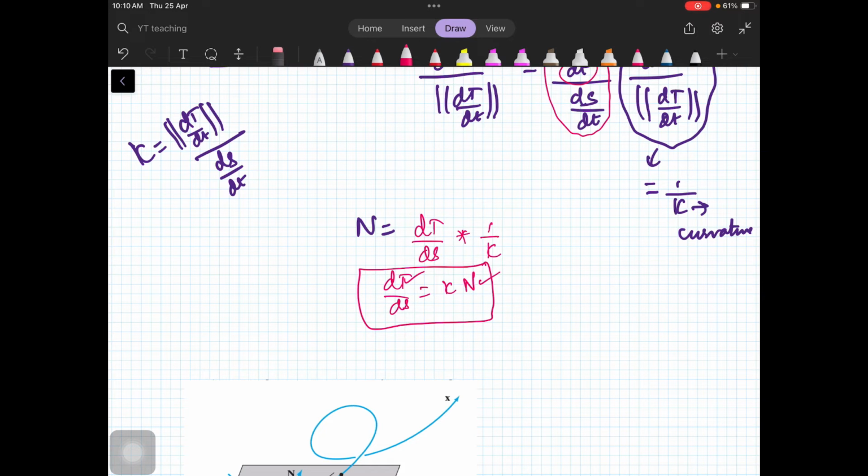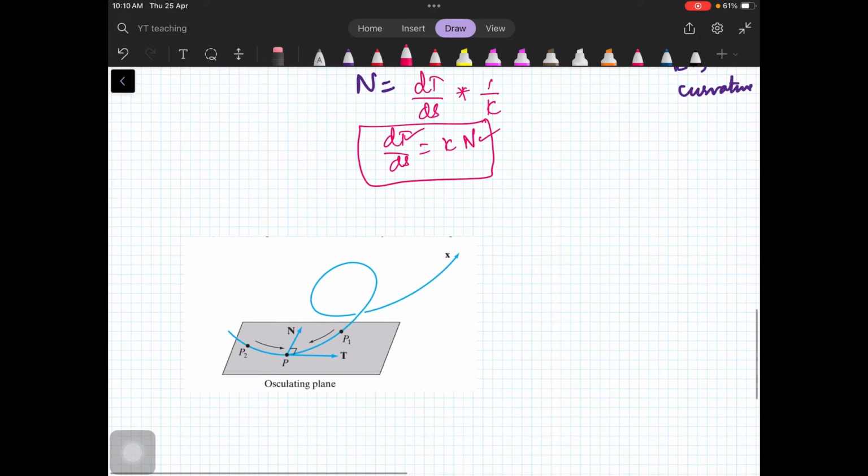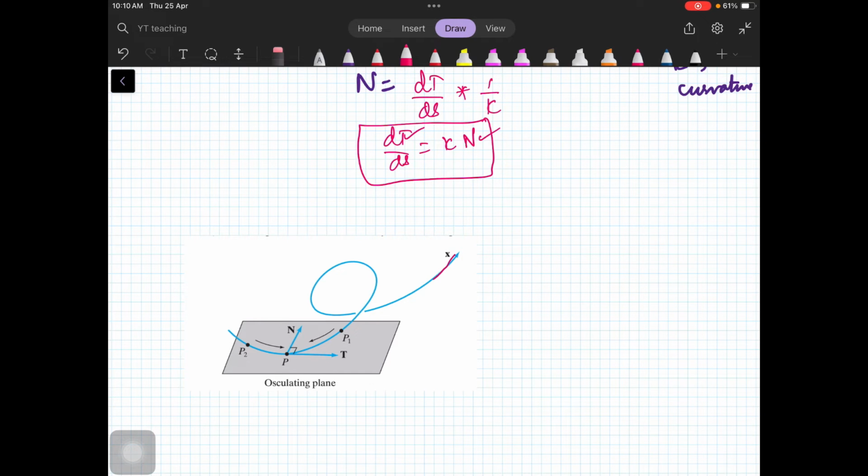Here you have to note one thing. If you look at this curve, this is my curve, and I have this point P. At this point, this is my unit tangent vector and this is my unit normal vector. A plane which is defined by these T and N is called an osculating plane.